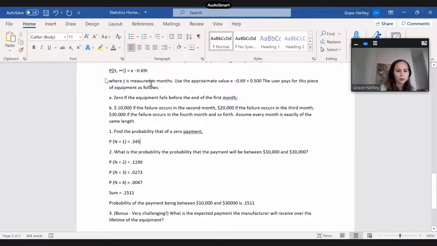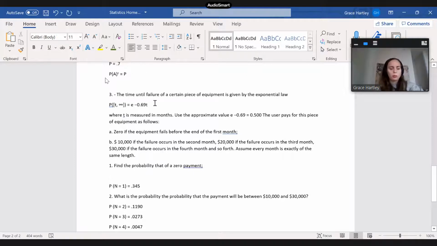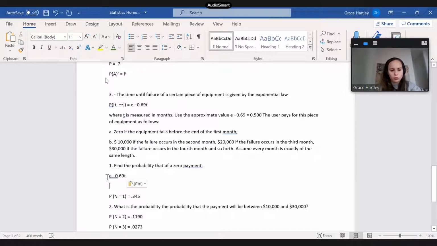That means my equipment fails after the first month, right? So P from 1 to unlimited is e to the negative 0.69 times 1, which is approximately 0.5. That means there's a 50% chance that my equipment fails after the first month. So what is the probability of my equipment failing in the first month? 1 minus the complement.